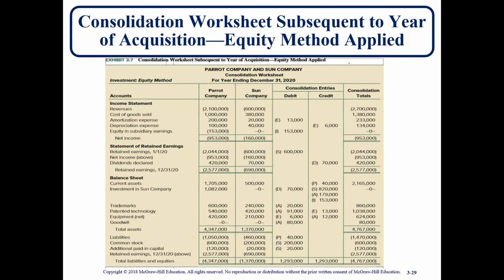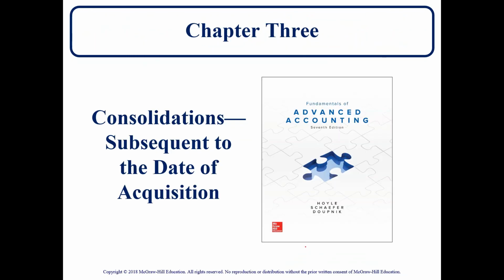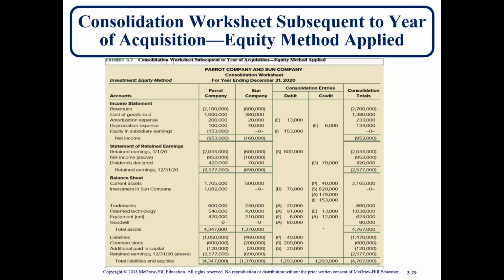So we have the complete consolidation worksheet as of December 31st, 2020. We can see that we got rid of Sun Company's equity section of the balance sheet.